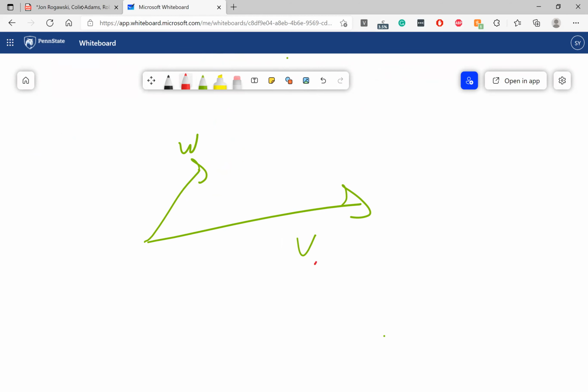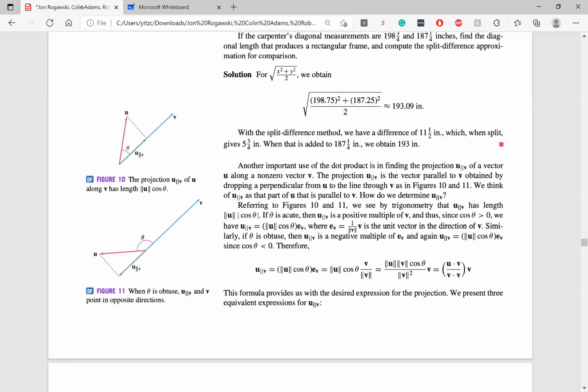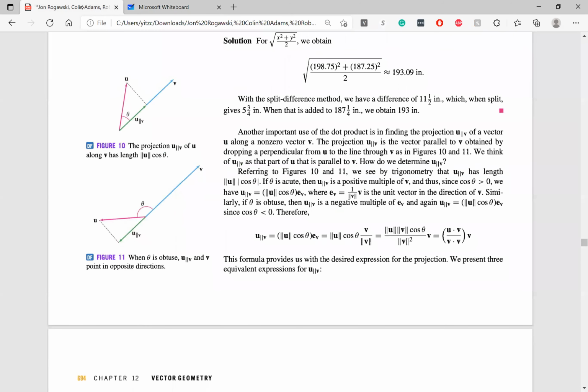What happens if I walk in a straight line to the other vector? What is this length over here? And here's the angle between them. That's a very important thing that we would want to be able to do.